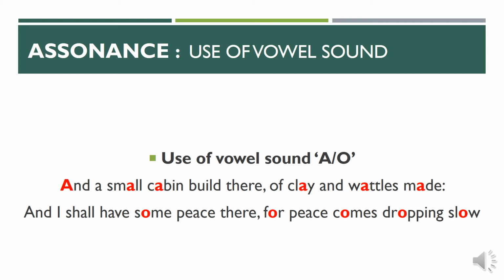In the same way we see the O sound being repeated. So when it comes to vowel sounds, they can be anywhere, and it will be called assonance when repeated in the same line two or more times. There can be other instances in the same poem of the same figurative device. I have mentioned only two examples for your reference.